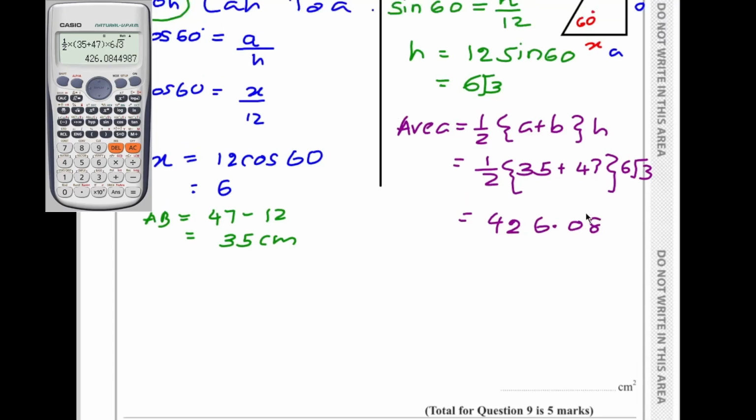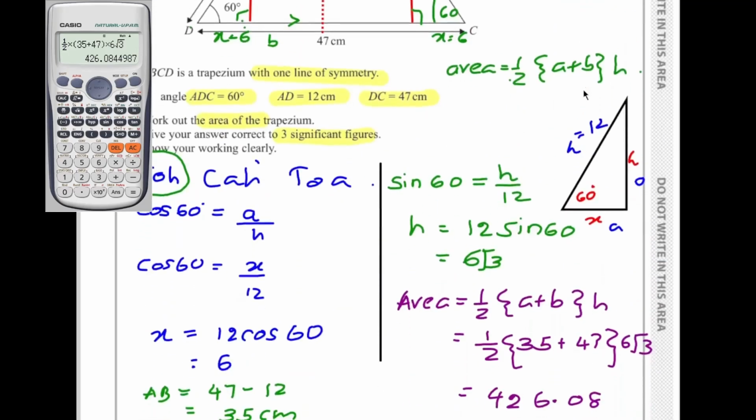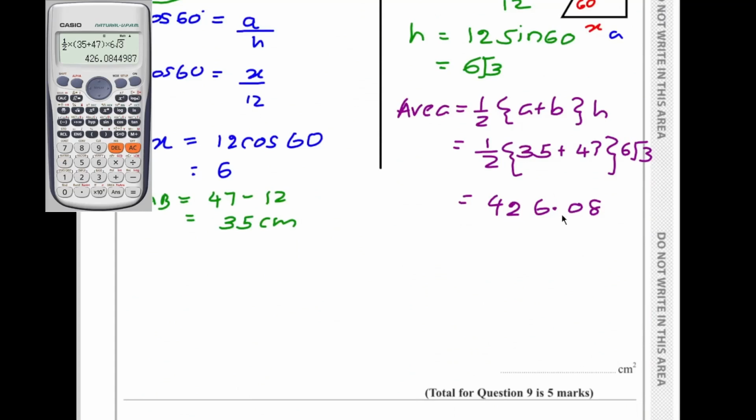We are asked to leave the answer to the third significant figure. Therefore, you have to look at the fourth significant figure. In this case, it is 0, less than 5. Therefore, we do not add 1 to this one. Then the answer becomes 426 centimeters squared. So that's it.